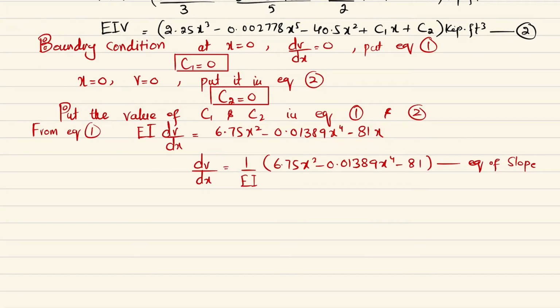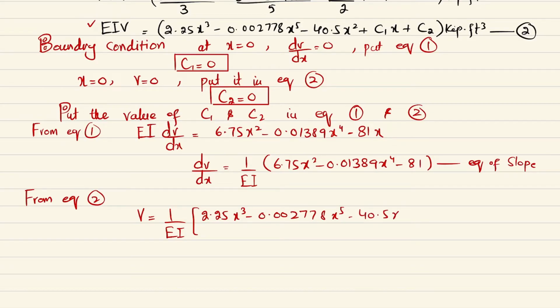Now if you put c1 and c2 in equation number 2, you have to put it in this equation and divide it by EI on both sides, so you will get v is equal to 1 over EI into 2.25x³ − 0.002778x⁵ − 40.5x². c1 is 0, so c1x will be 0, plus c2 is also 0.